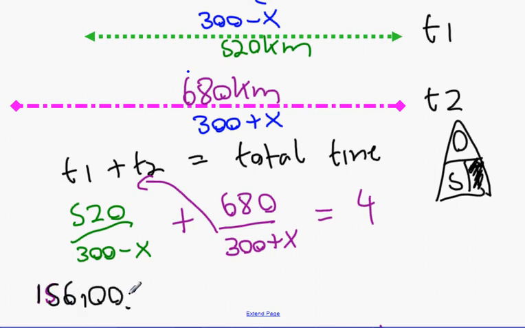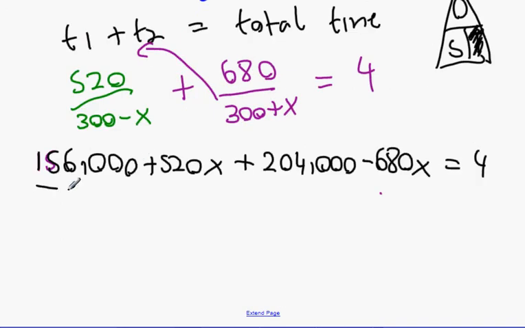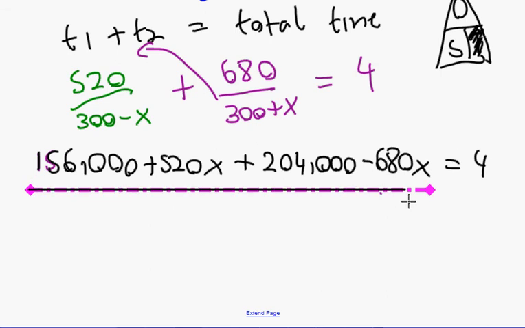156,000 plus 520x minus 680 times 300 plus 204,000 minus 680x equals 4, and it's all being divided by 300. 300 by 300 is 90,000.